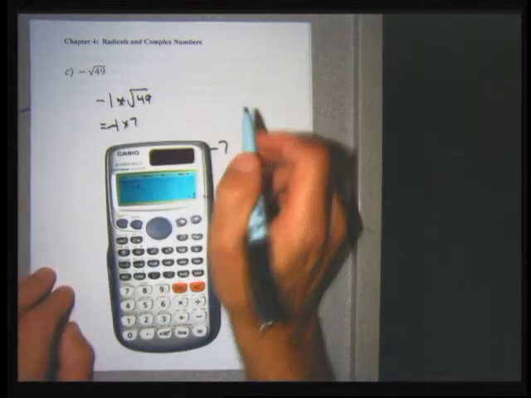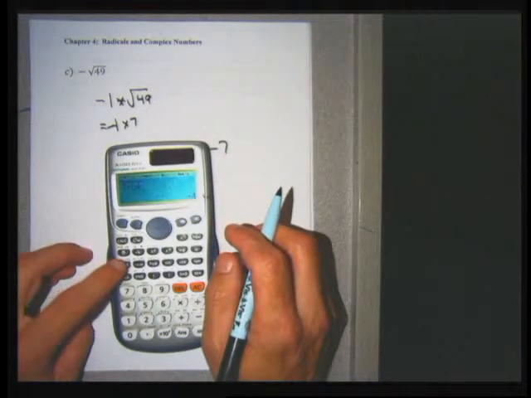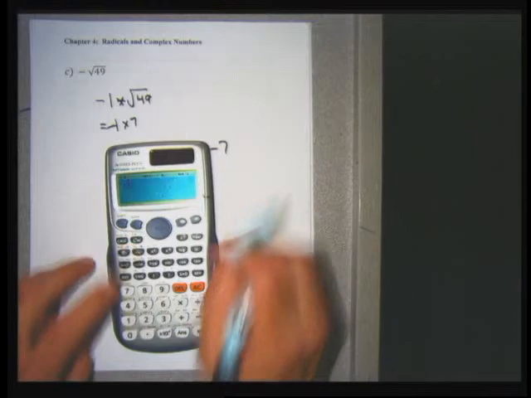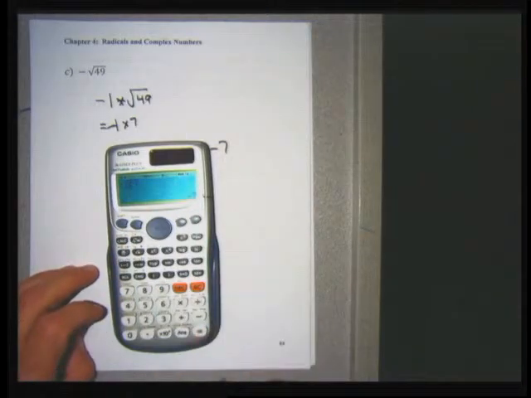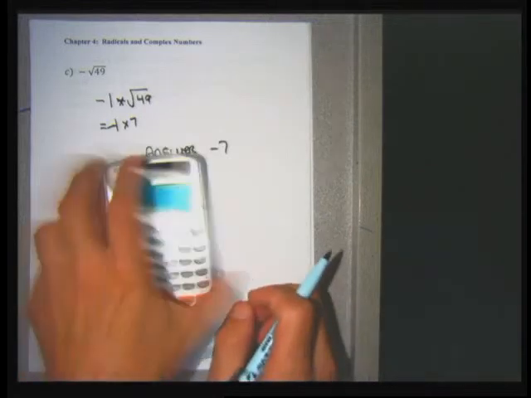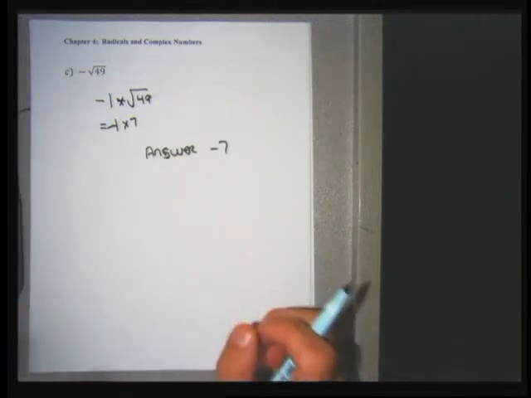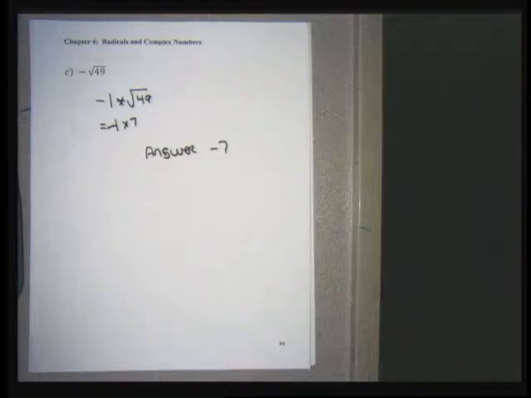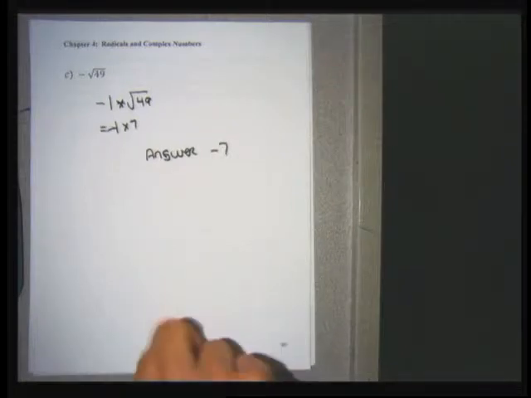I could do it on my calculator without showing any work by hitting the negative button in the parentheses, then the square root key, and then 49, and I'd get that negative 7 back. So for the first three problems on the review, I'd be content if you used your calculator, because they're really calculator or know them in your head, no work problems.